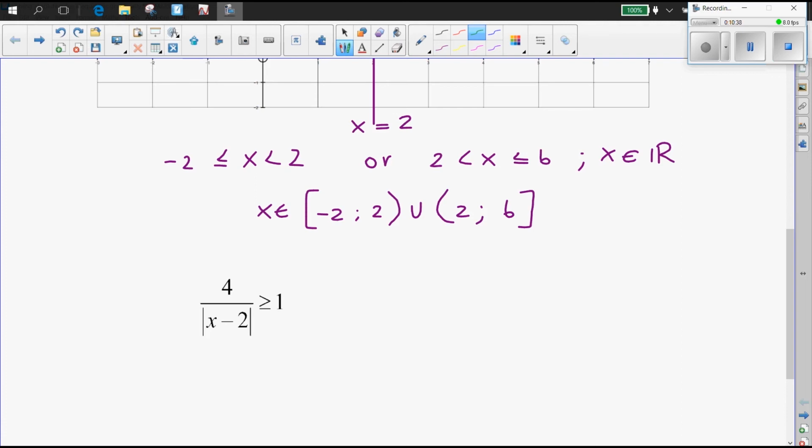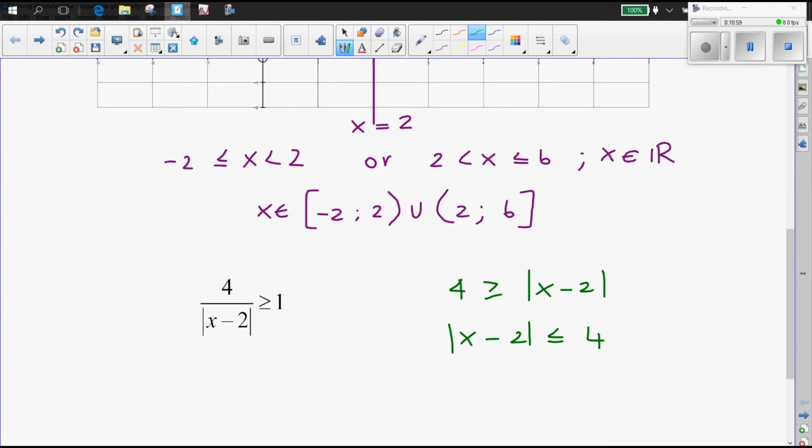So you can say that 4 is greater than or equal to the absolute value of x minus 2, and we can rewrite it as the absolute value of x minus 2 is less than or equal to 4. We can only do this because we know that the absolute value of x minus 2 is never negative.